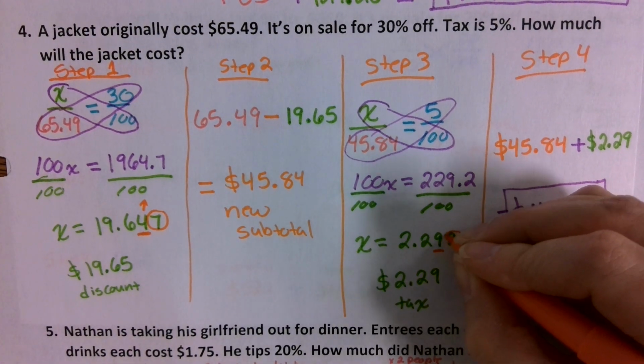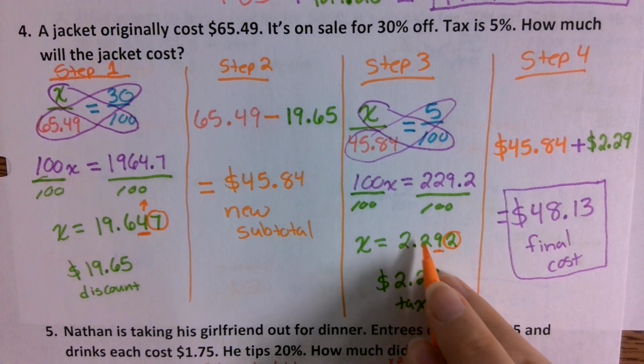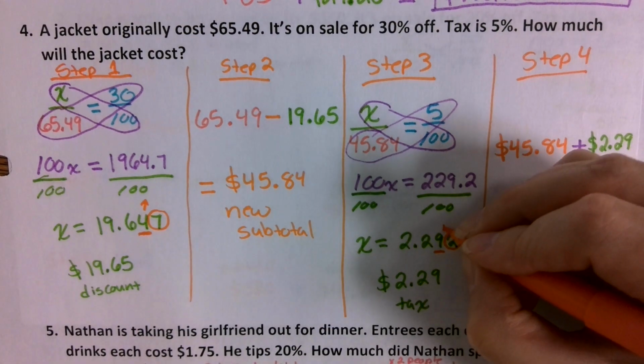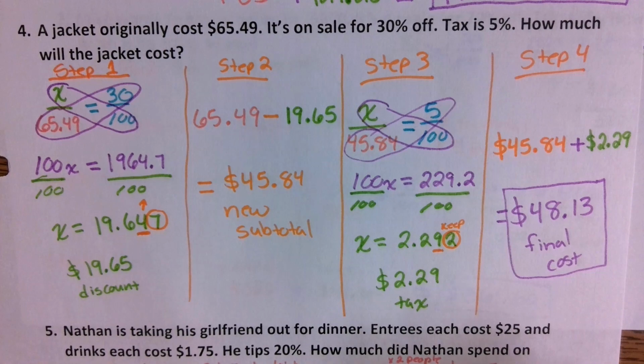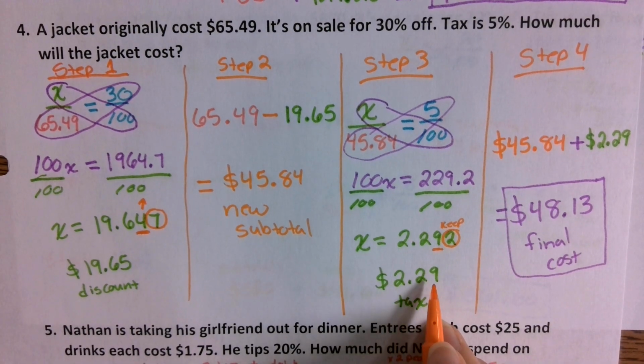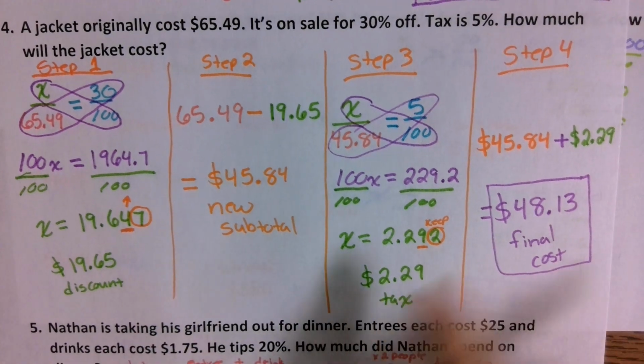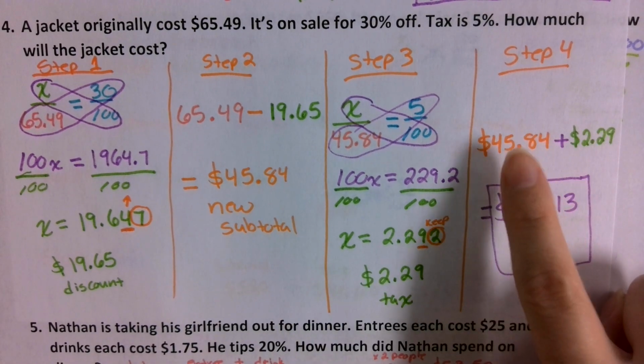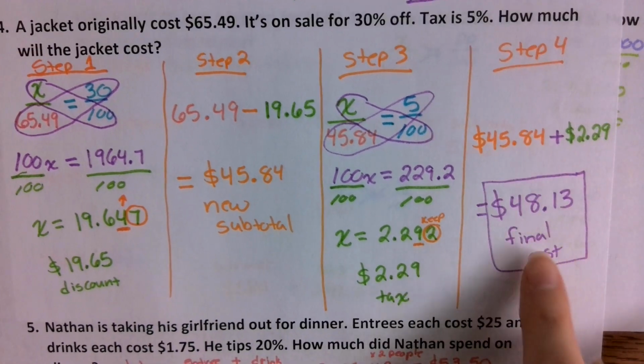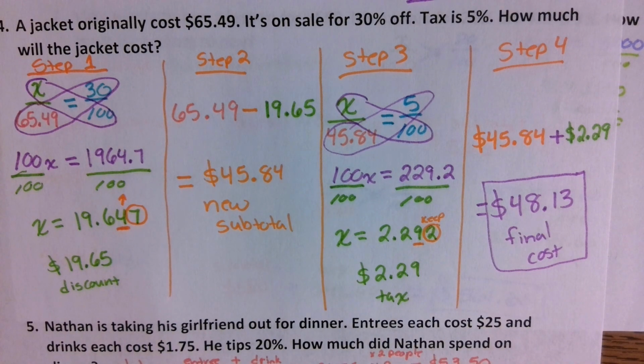So you're looking at the 2 to decide whether you keep it or round it up. This tells us that we're going to keep. So we do $2.29 for our tax. You then add the tax on to your new subtotal, and you get the cost of your jacket, $48.13 for your final cost.